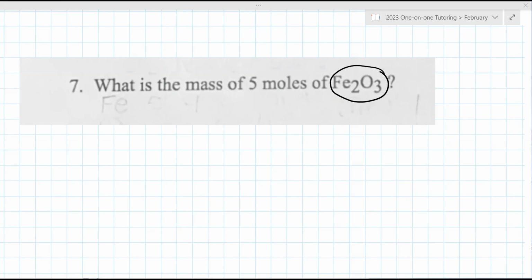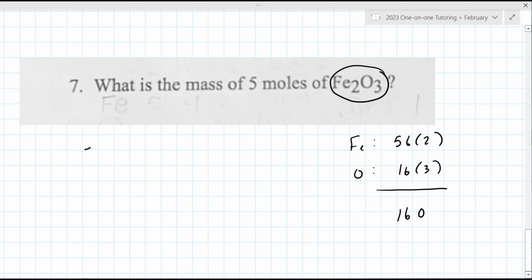So let me see if I can shortcut this a little bit. Fe2O3. So this one, Fe is 56-ish, but there's 2 of them. O is 16 and there's 3 of them, and that's approximately 160. So you start by writing 5 moles.